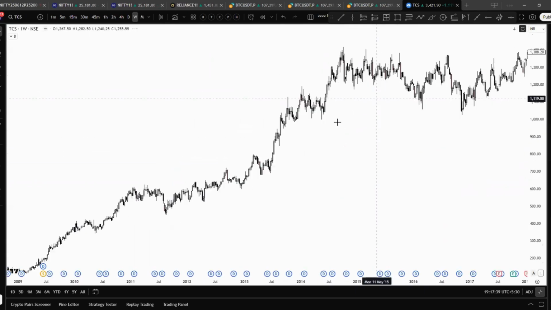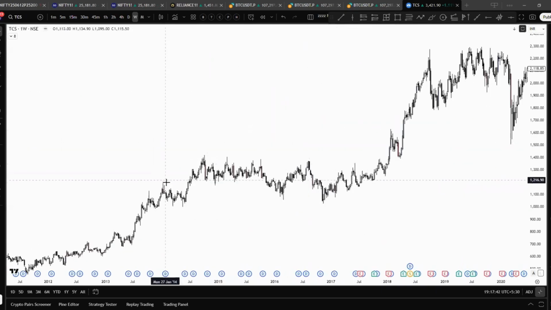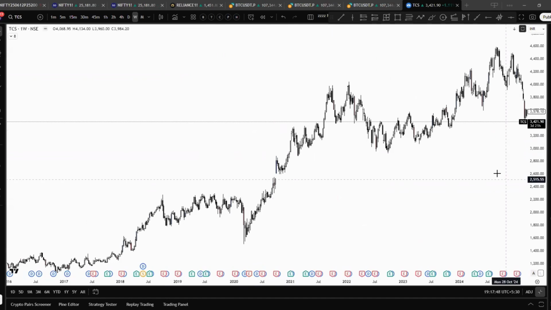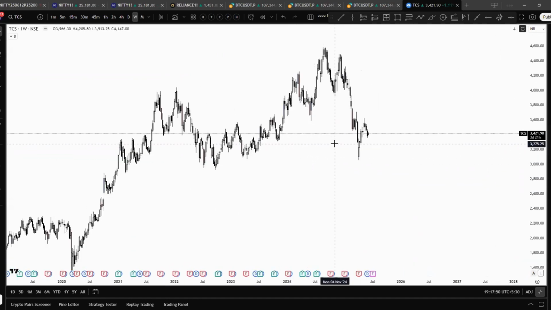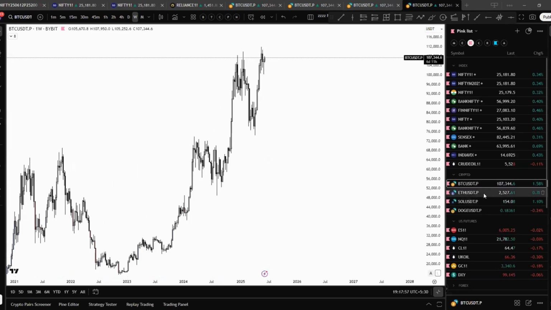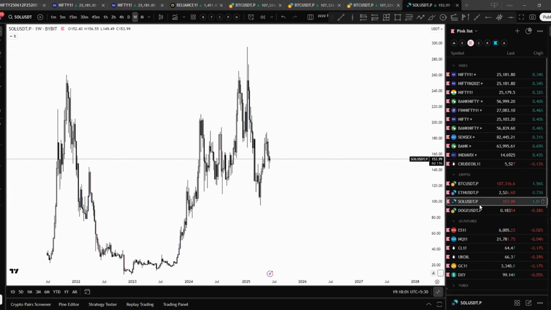This is one of the shares which has held a range for a long period of time. So these are the kinds of things I tend to trade when it comes to shares or swing trading. It's not just BTC or Nifty. Most assets do the same stuff over time.